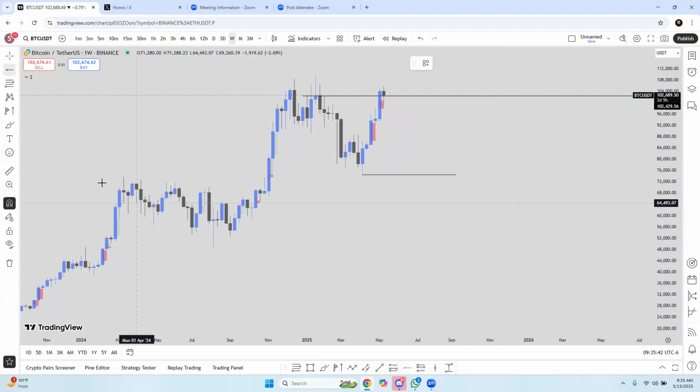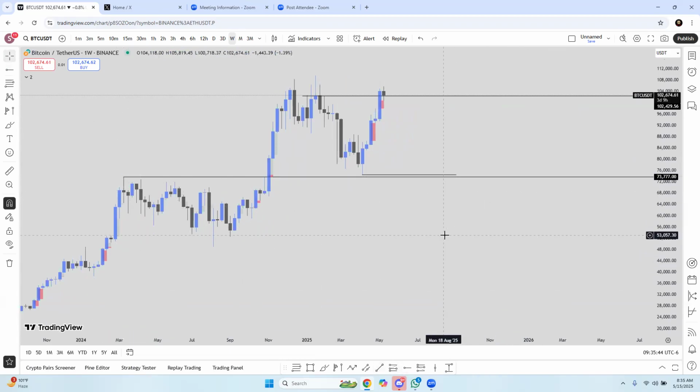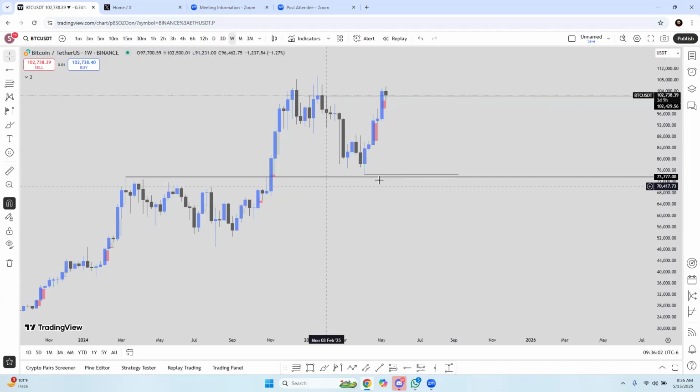And if we start closing below this level and this level, both levels are now matching. So if we close below this level in future, then we will see that we are entering another phase of the market. So these two levels are really important right now.